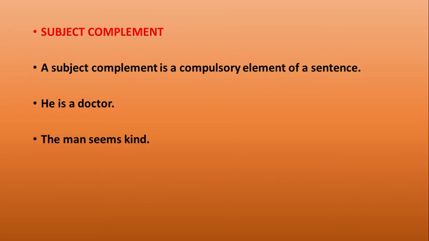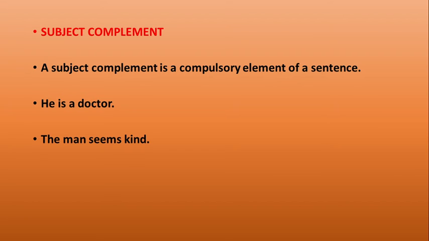The man seems kind. In the first example, a doctor is a subject complement which is a mandatory element of a sentence. In the second example, the man seems kind. Kind is an adjective. It is a compulsory element of a sentence.